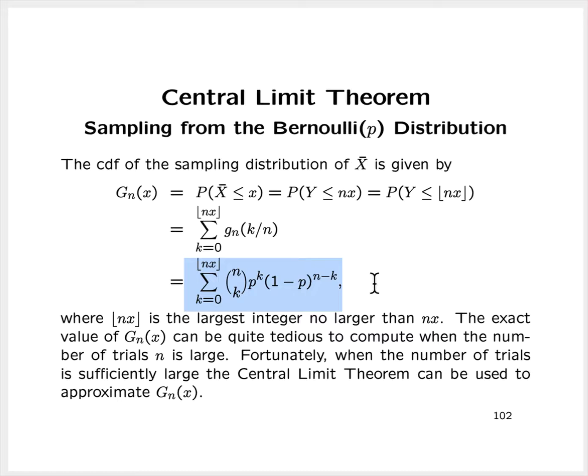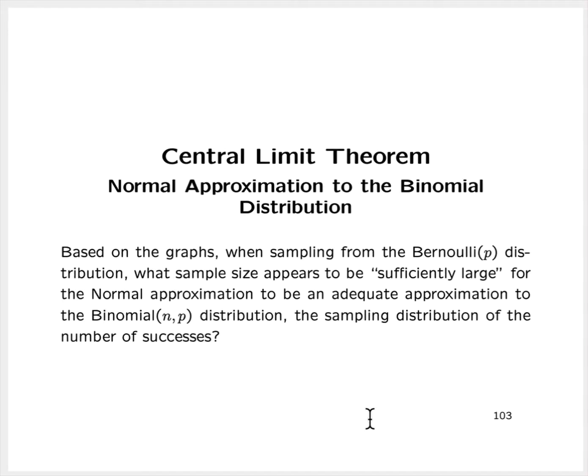But if n is large enough, we can appeal to the central limit theorem, and we can approximate the true sampling distribution of x bar, which is given by this sum, by a corresponding normal distribution. It will be the normal distribution that has the same mean and variance as x bar itself. We know the mean and the variance of the sampling distribution of x bar. We stated it on a previous slide.